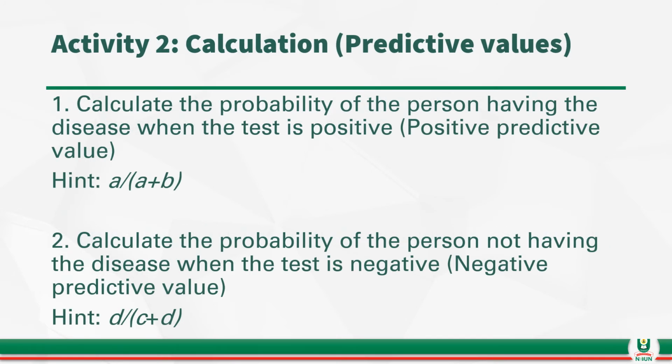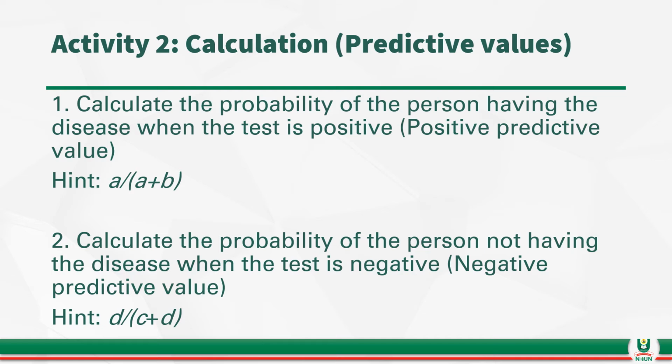Okay, activity 2, which is calculation of predictive values. Number 1 says calculate the probability of the person having the disease when the test is positive, which is positive predictive value. If you look at the table, A over A plus B, that is all the positive results: true positive over true positive plus false positive.